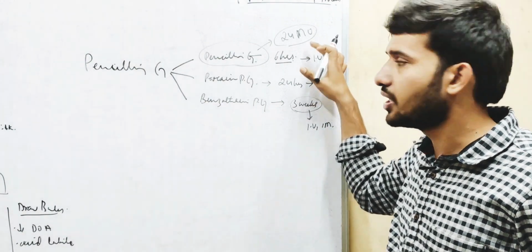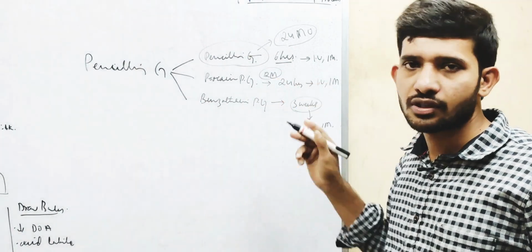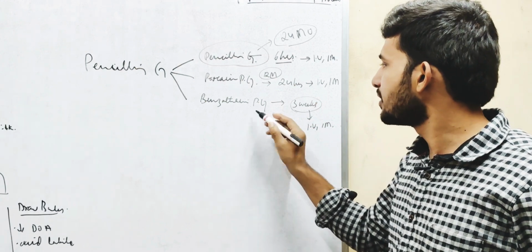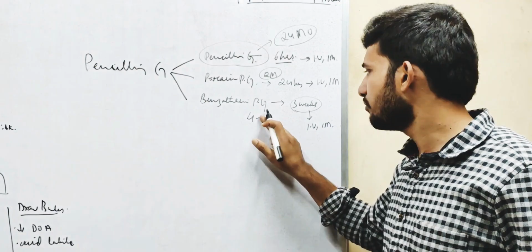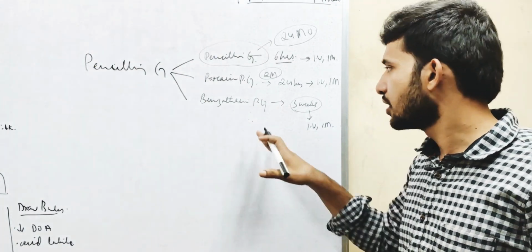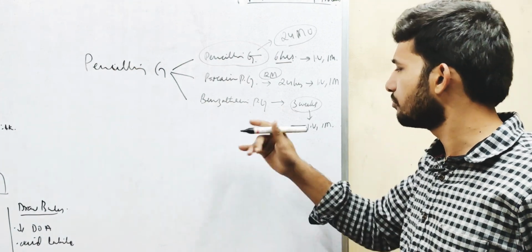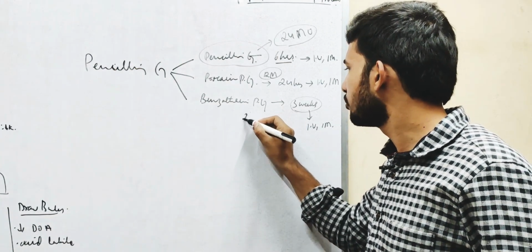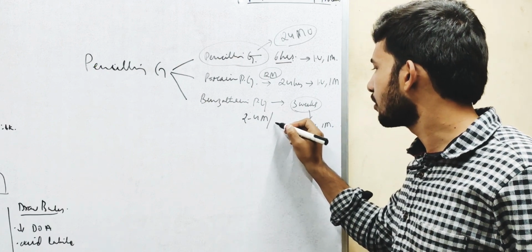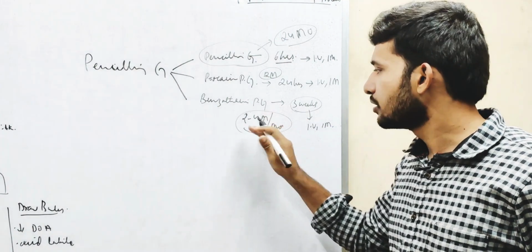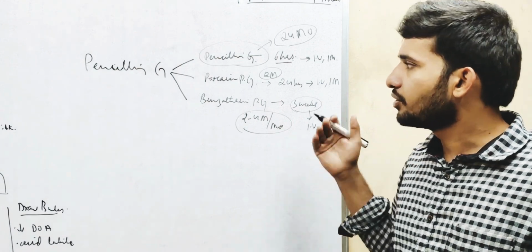Procaine penicillin can be given up to 12 million units per day, and benzathine penicillin is given up to 4 to 6. Usually we use a very low dose because its duration of action is very long, and because of the toxicity we usually give it low. It is around 2 to 4 million units per month.